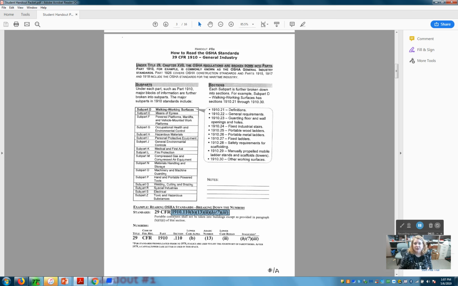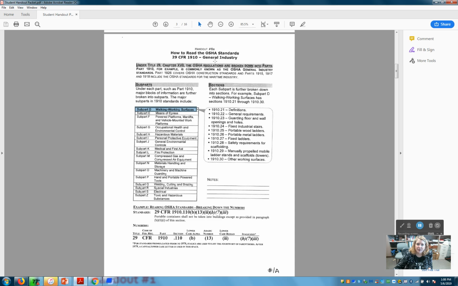Now the other deal with OSHA is they've kind of grouped different things together. And sometimes they make sense, sometimes you think that they should be in another area. But as you can see up here, there's something called subparts. And once again, I'm not going to make you memorize these. There is a worksheet that will be online, so you can go in and actually look to see with regard to that worksheet, and it'll have the subparts on there.